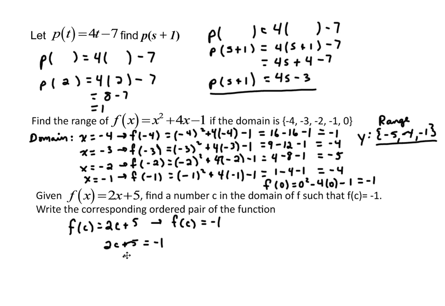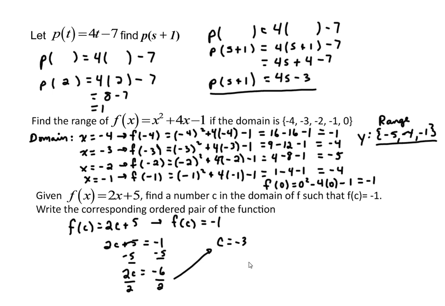So we do a little bit of algebra. We subtract 5 from both sides of our equation. We get 2 times c is equal to -6. Of course, we divide both sides by 2, and we find that c is equal to -3.